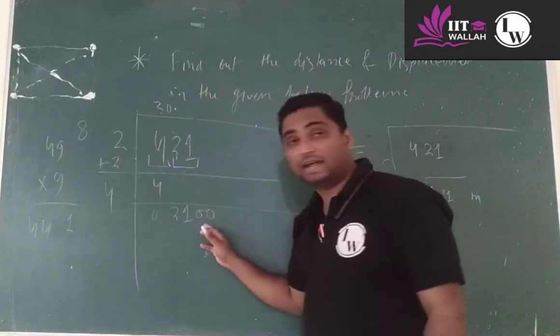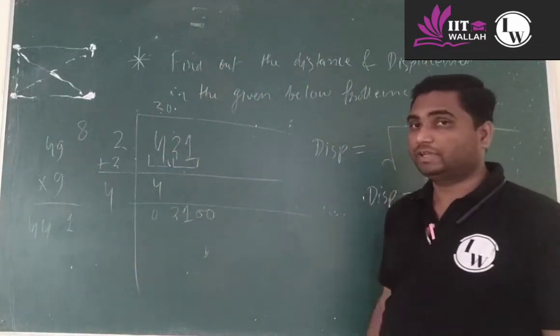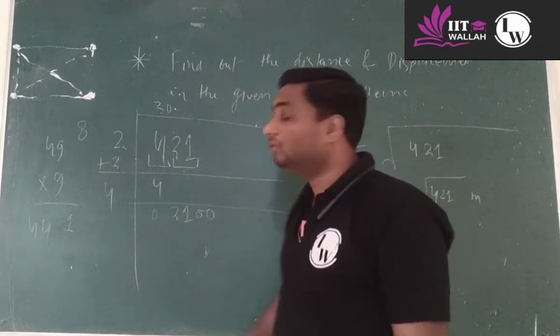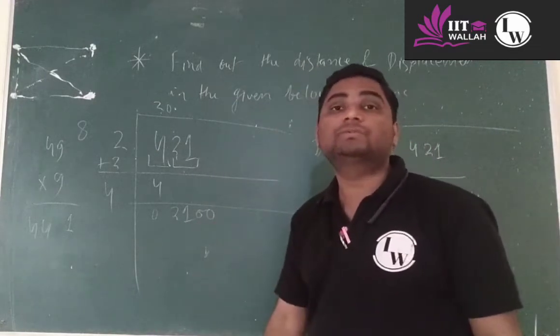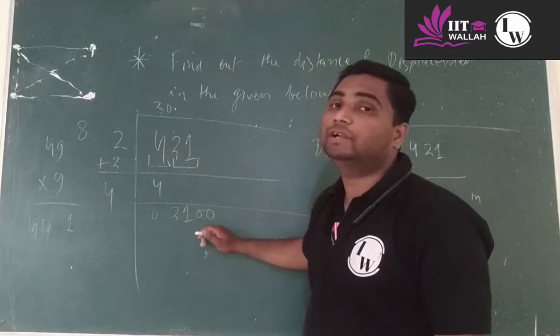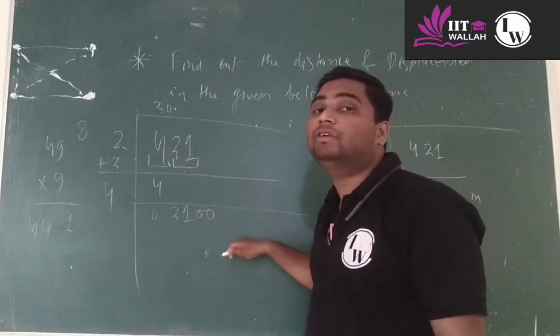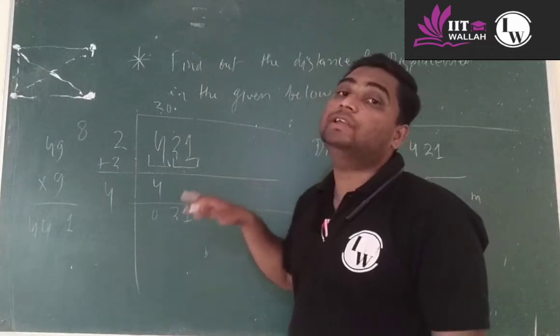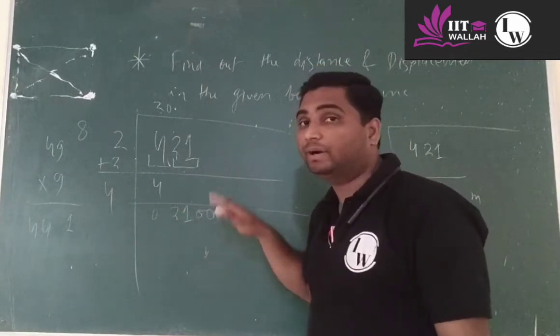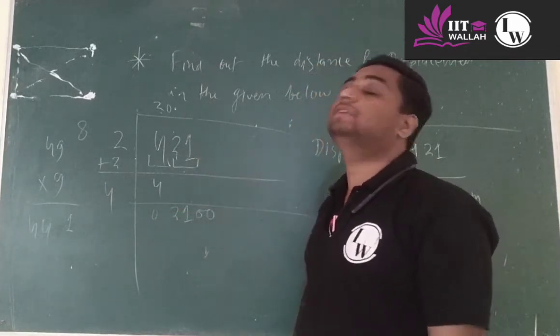This is not equal to this, and it is very less. You have to go close to 2100, which is less than or equal to 2100, but not greater than 2100.